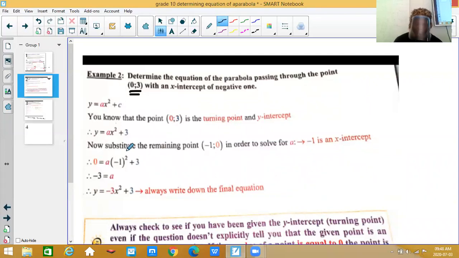Now, we are given, so substitute the remaining point. Which is the remaining point that we have? Let us look at the question.